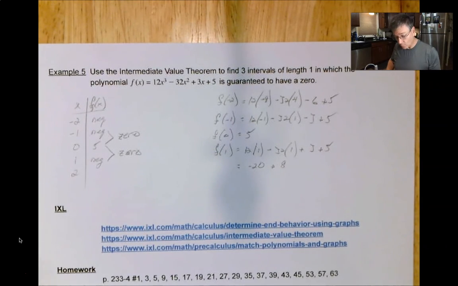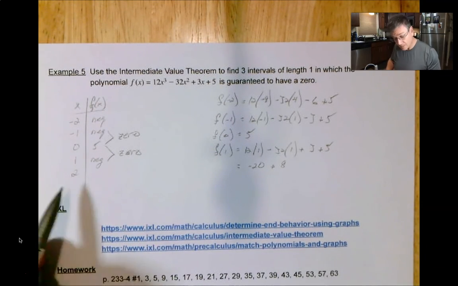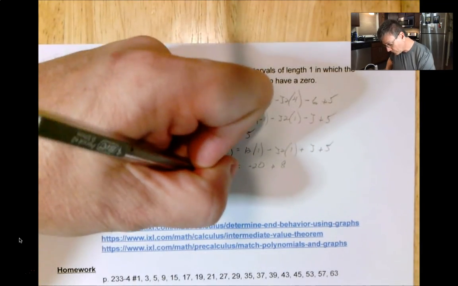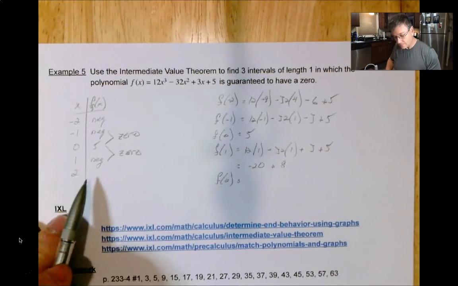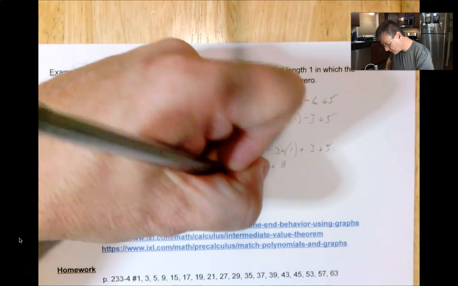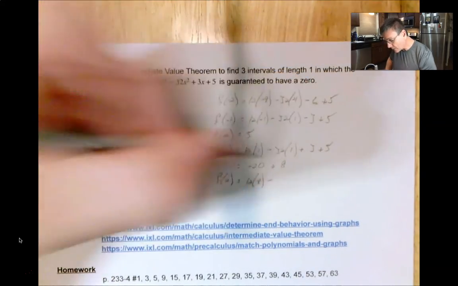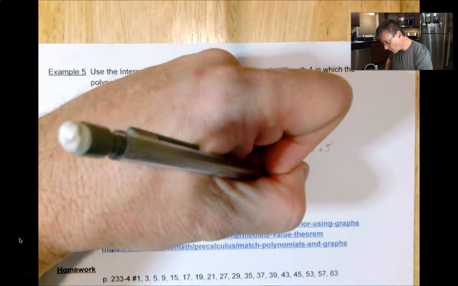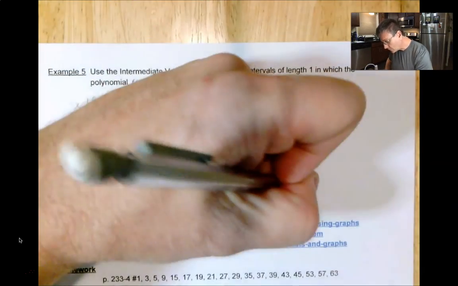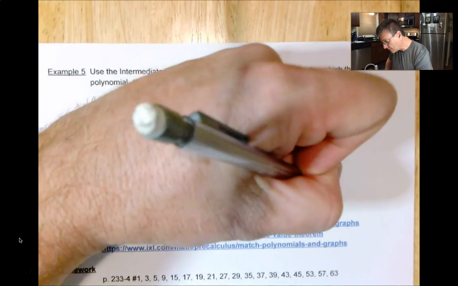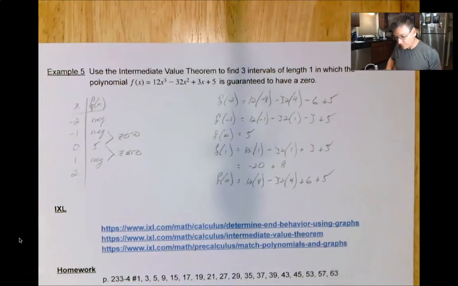We only have to find one more. Now, maybe here, I might have to go back to -3. Might have to go forward to +3. Let's hope. If we put in f of 2. We'll see. So 12 times 8 minus 32 times 4 plus 6 plus 5.